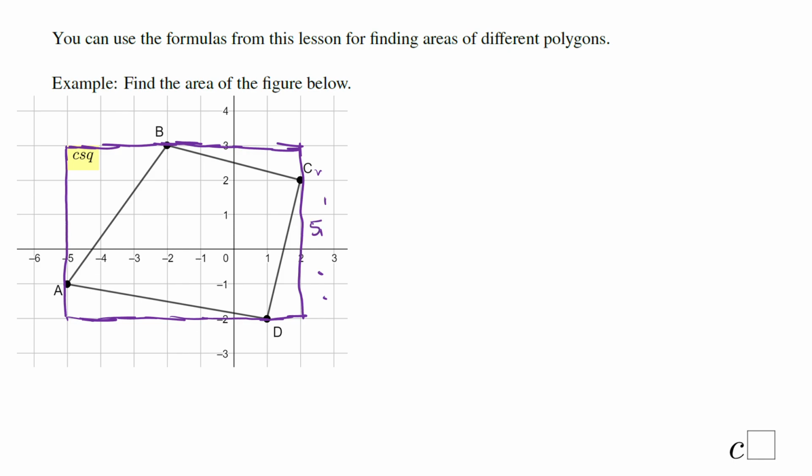This is 5. 1, 2, 3, 4, 5, 6, 7. This big rectangle, the area is 7 times 5, length times width, and that will be 35 square units, right?